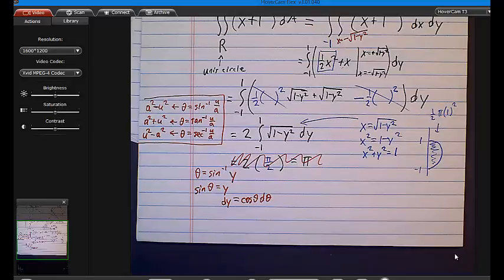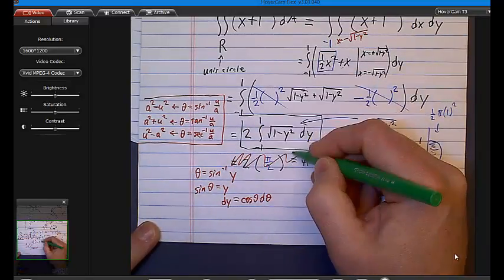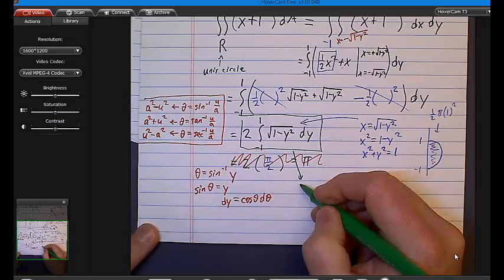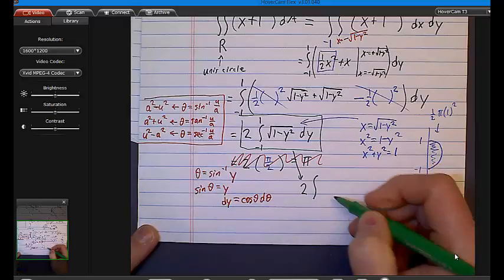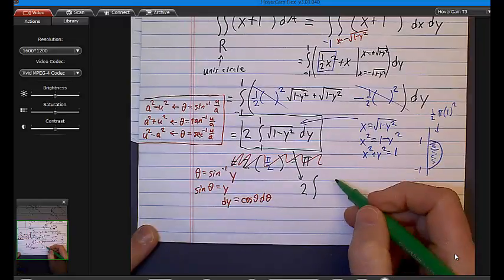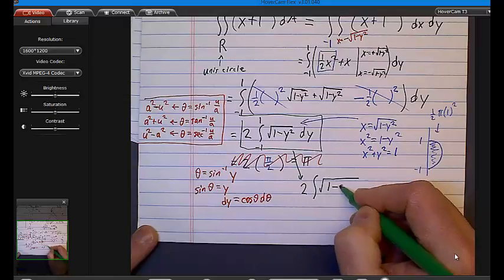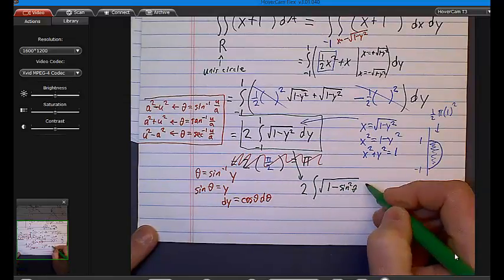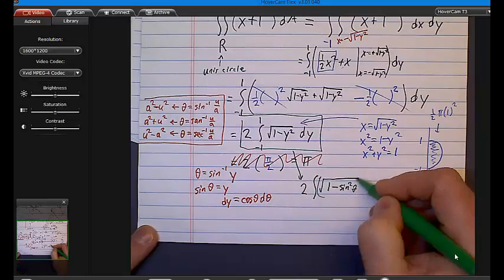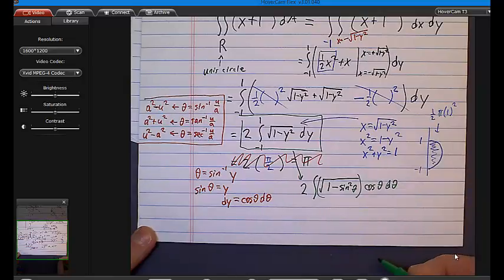So let's do it. Let's do it in green here. So here's where I was, right? I'll come down here and I'll say that this is equal to 2 times the integral. Well, okay, it's the square root of 1 minus sine squared of theta times cosine of theta d theta, right?